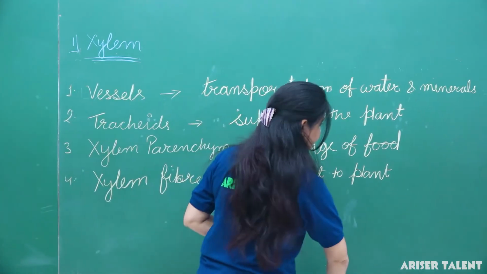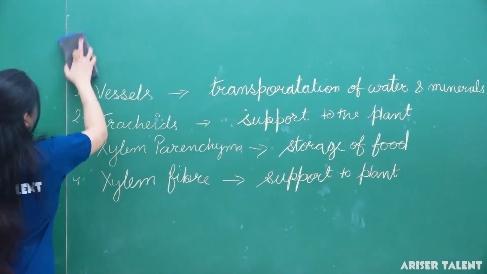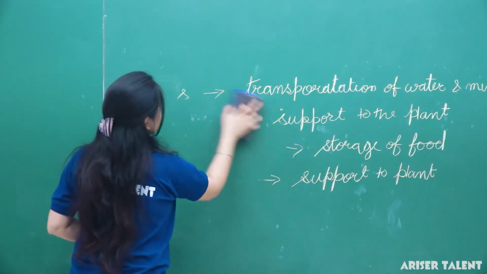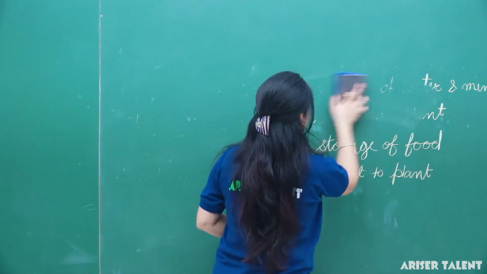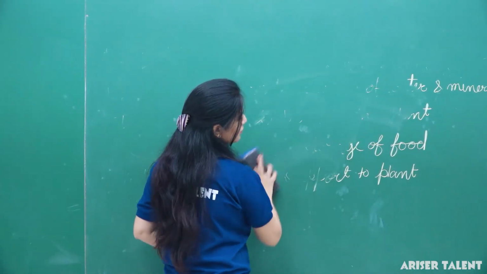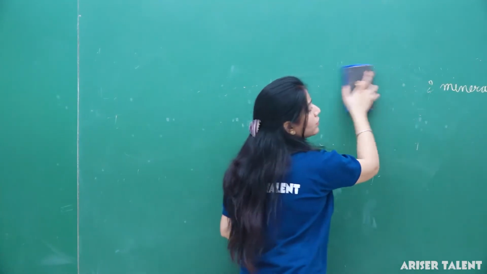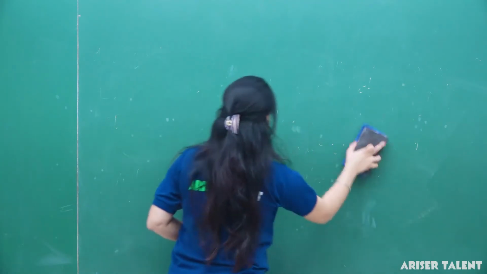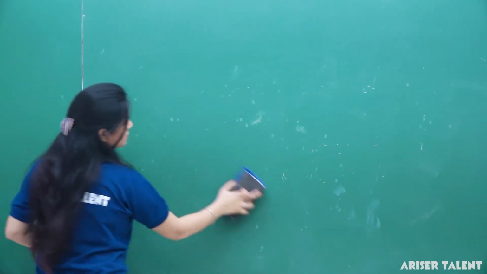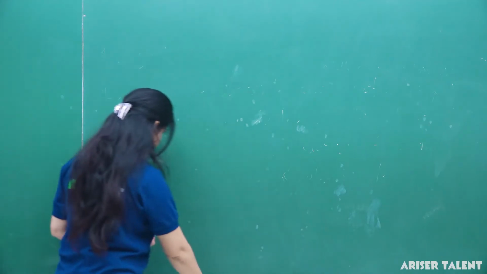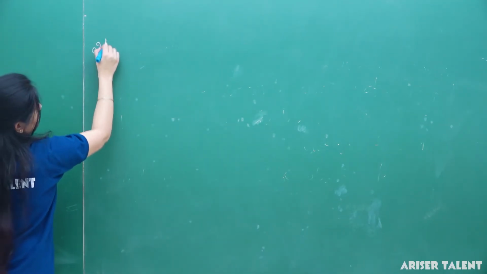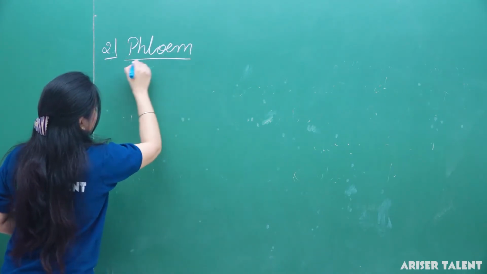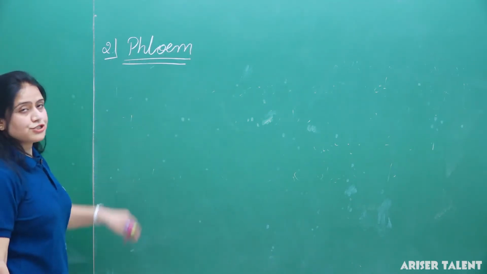Next is phloem. Xylem and phloem together are called vascular tissues. As the phloem takes food from leaves to the different parts, it works in both directions. Phloem tissue does the transportation of food.